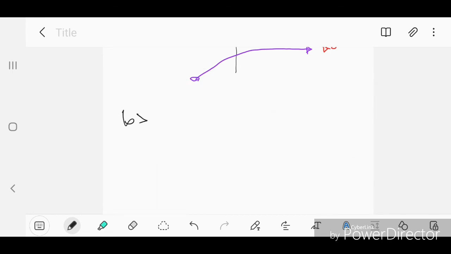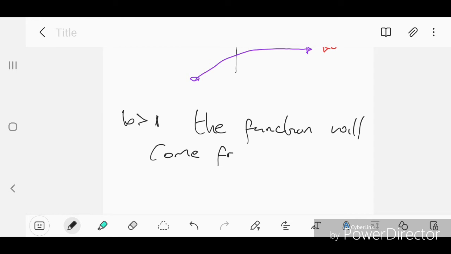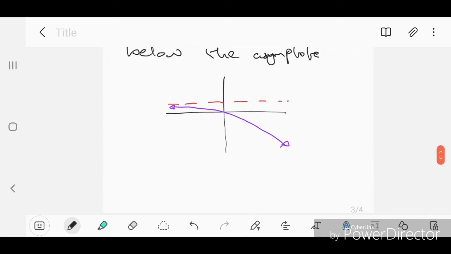When b is greater than 1, not greater than 0, greater than 1, that means when b is 1,5, is 2, is 2,3, as long as it's a number which is greater than 1, the function will come from the left, like this one.